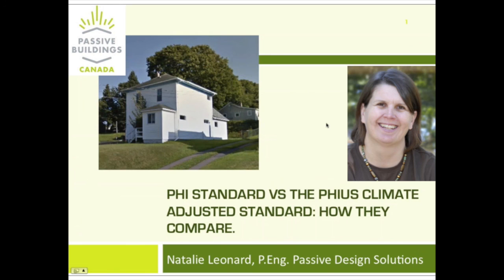It followed that trend that PHIUS reported, that there were higher internal heat gains from plug loads and lights and appliances that were assisting the annual heat demand, but the overall use in the building was very close to target, just a tiny bit over those first 2 years. There's a 4th project that's being monitored in Nova Scotia as well, but it's not occupied full-time, so the data is a little less relevant.